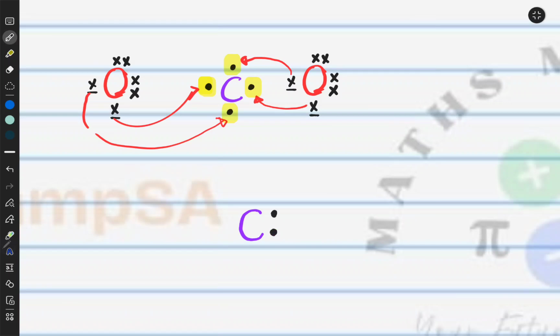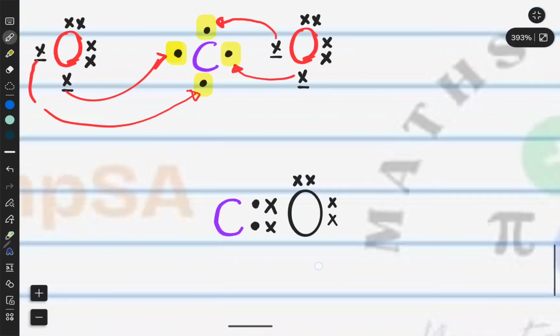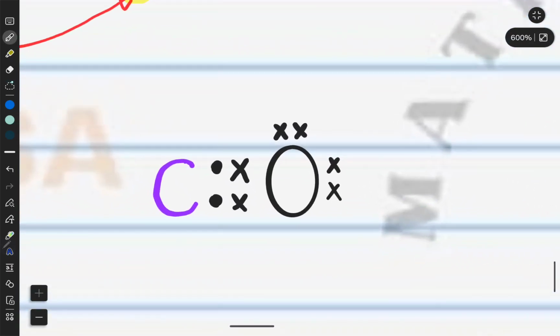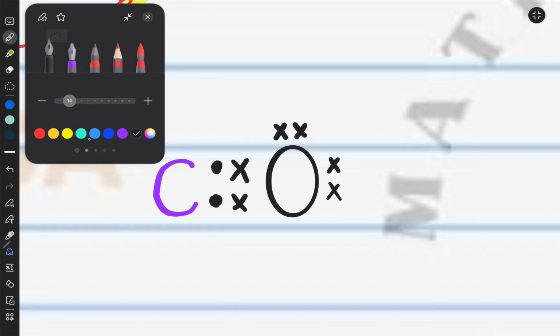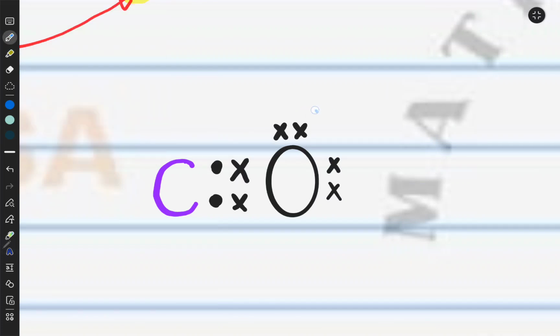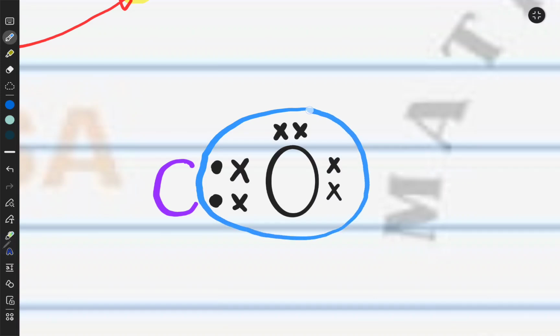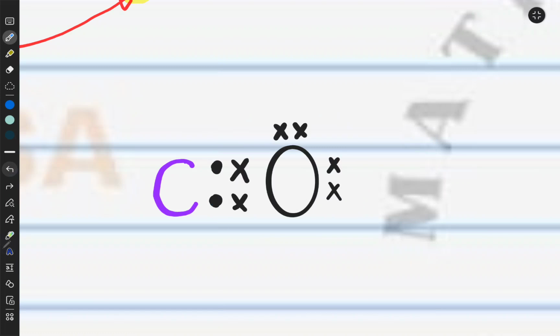Let's start with the oxygen on the left, right. It's sharing. So for the oxygen on the left, 2, 4, 6. Okay, if we look at it, it has completed its outer shell by just finding 2 more electrons from carbon.